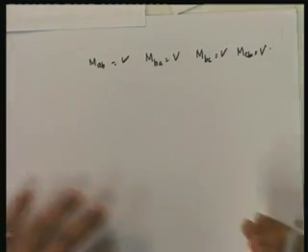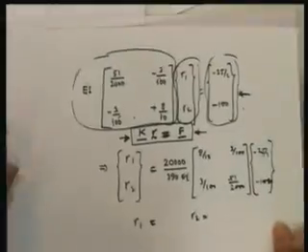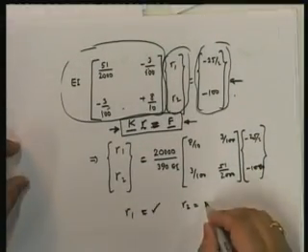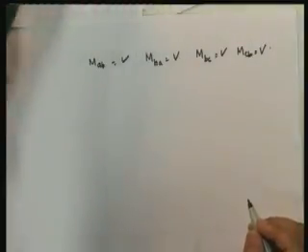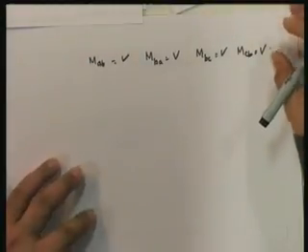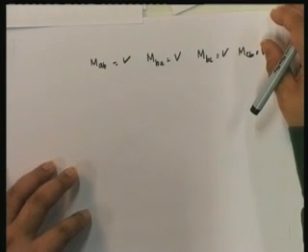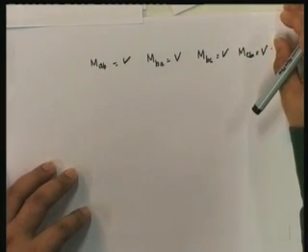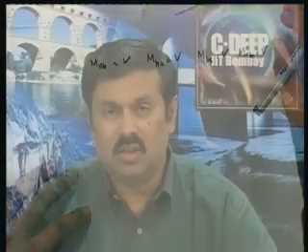Now, the point that I would like to make is that I have not written down R1, R2, MAB, MBA, MBC and MCB, the values, just so that I want you to actually solve this problem yourself. Okay? And when you solve this problem yourself, you are going to get the values. Next lecture, just before I start my next lecture, I'm going to give you these values so that you can check whether you have done the problem correctly.